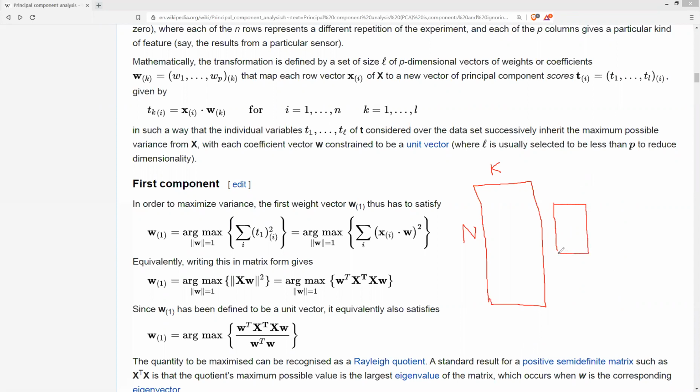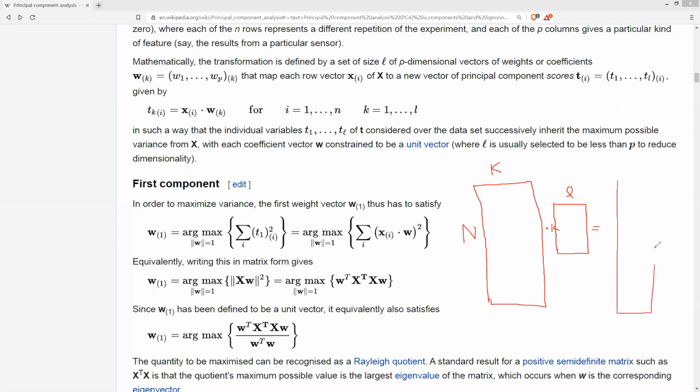We have L over K, and here the length is K. So we multiply these two matrices, then it becomes basically this, right?